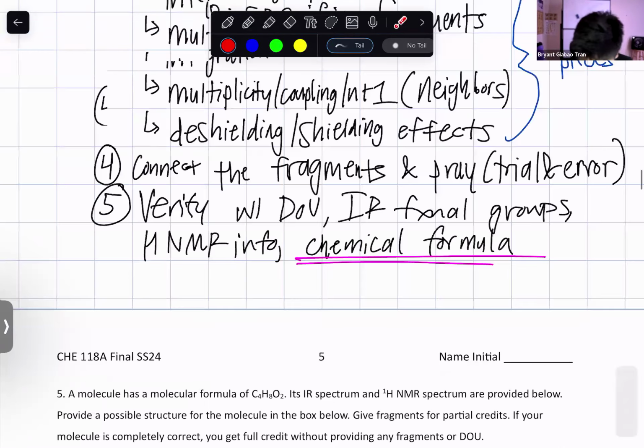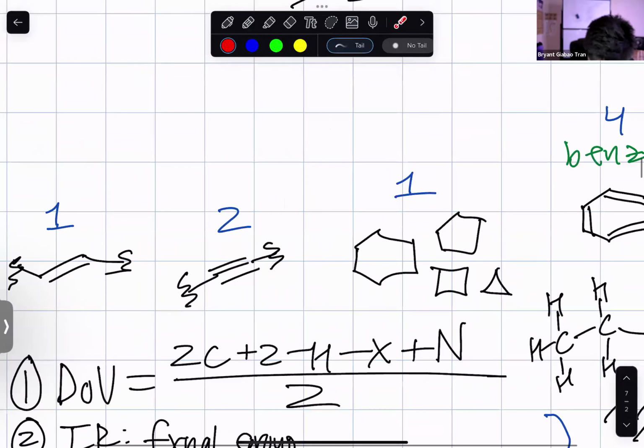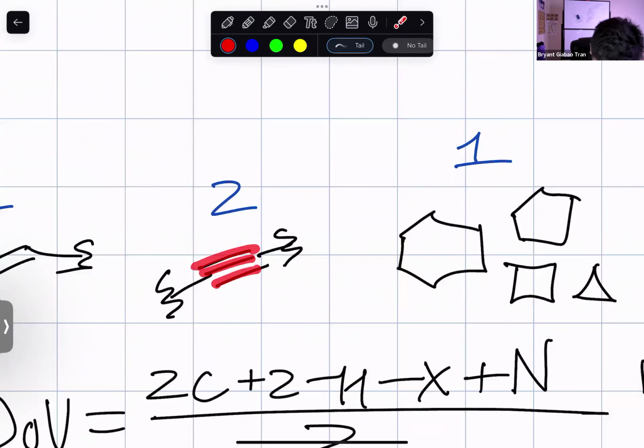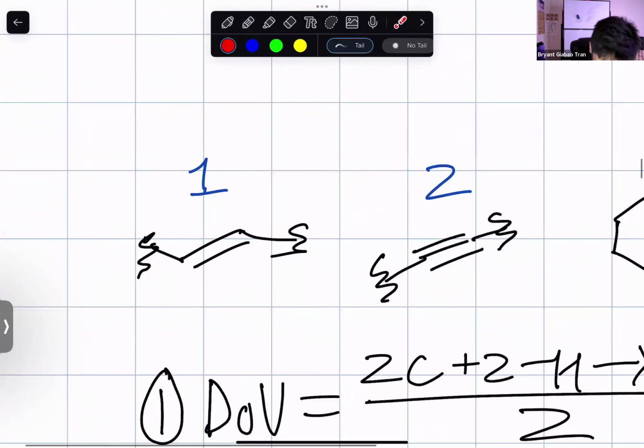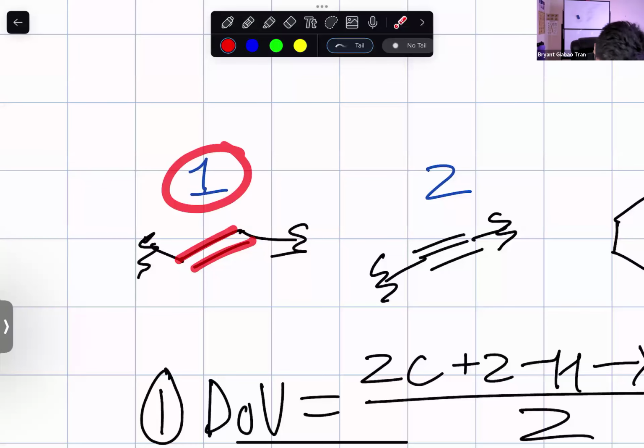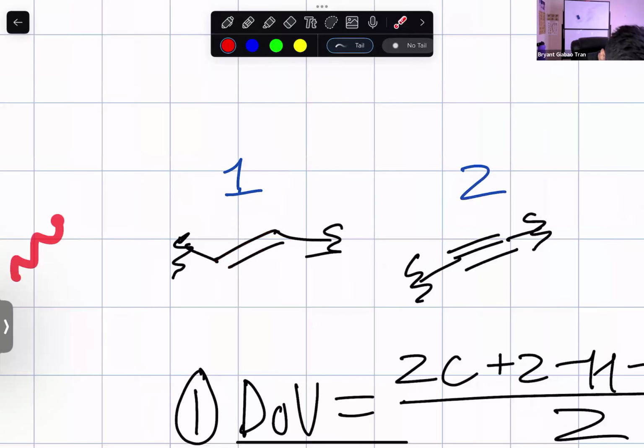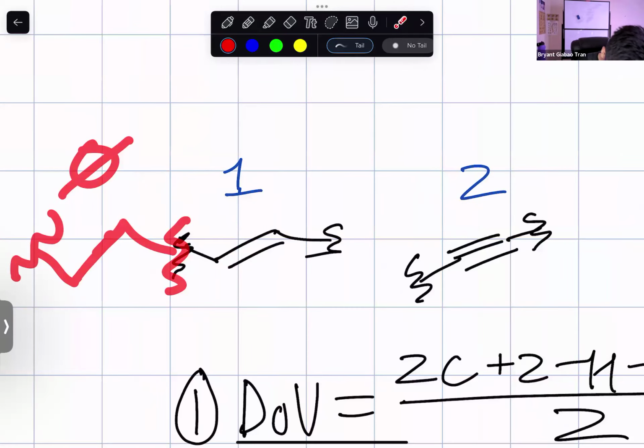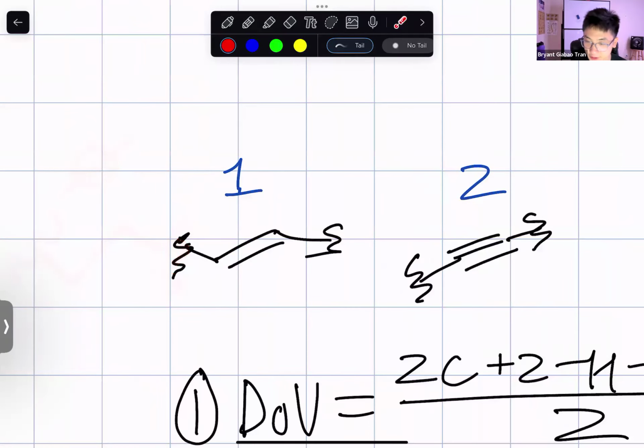Alkyne is 2, right? Even though there's a triple bond, it will represent 2 DOU, 2 degrees of saturation. Alkene is 1 DOU. Alkane is going to be 0 DOU. One bond, but 0 degrees of saturation.